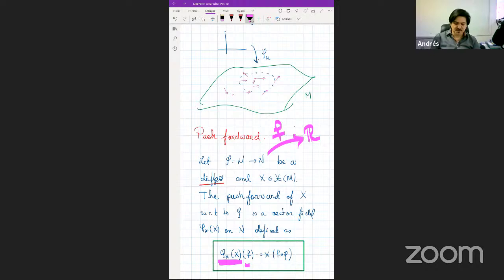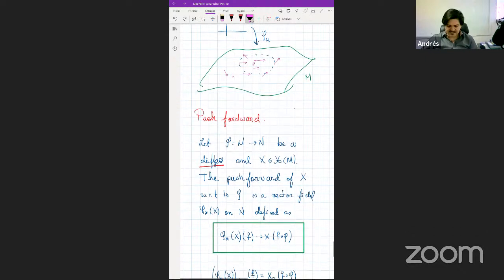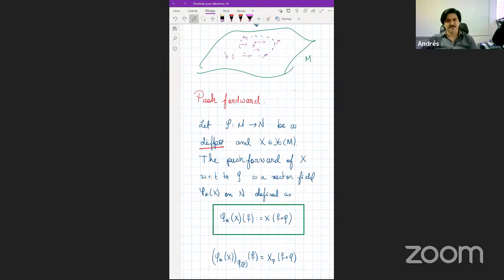I just compose, because I have a vector field here, which is X. Good. Now, pointwise, I have it here. This is what it is.